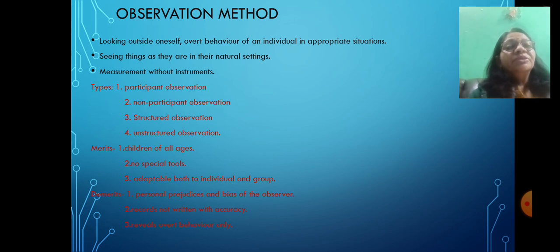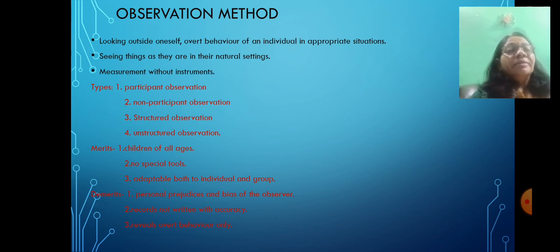Next, the observation method. Observation means to look at something outside oneself, where the behavior of an individual in an appropriate situation can be observed. Seeing things as they are in their natural settings is also called the observation method, and it can measure behavior without any instrument.